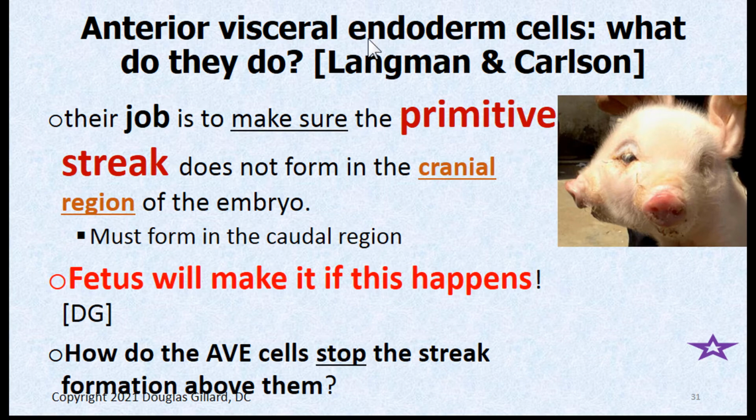So these AVE cells make sure that the primitive streak doesn't form over the top of them. It shuts off the cells that make the primitive streak above, and that'll make more sense as we study this further. The AVE cells are also important for the formation of the heart. If something goes wrong here, the fetus won't make it. Or if it does make it, there'll be horrible mutations, heart mutations, and it's really bad.